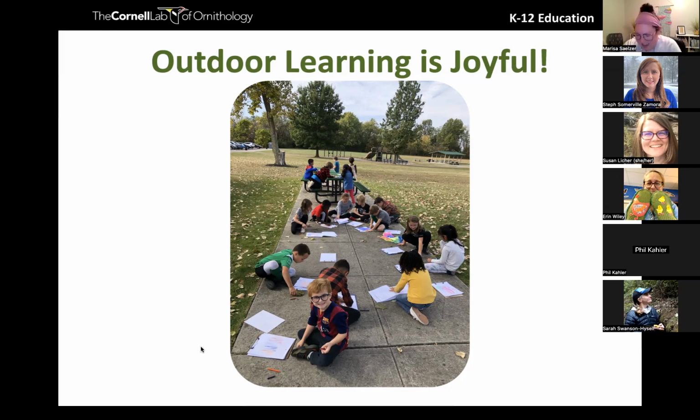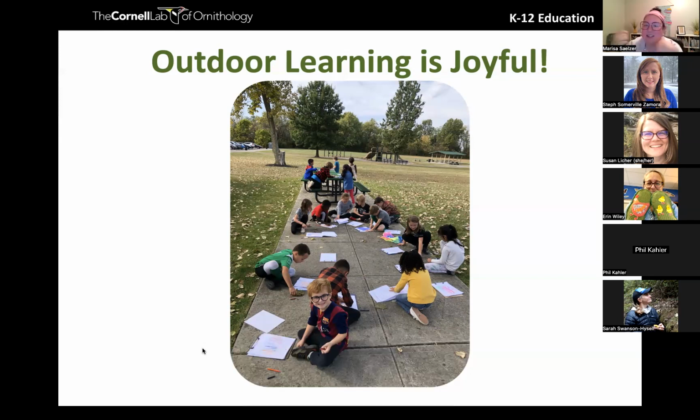I think that sharing in that joy of outdoor learning is so important, because it's not only about that moment, but it's that experience that they're going to carry with them forever. So you're fostering and building this love of the outdoors and the wonder and the joy, and just really starting that at a young age.